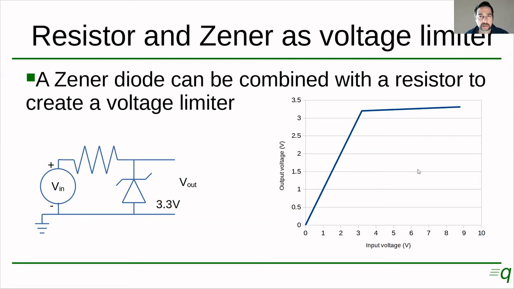So this circuit is limiting the input voltage, because the output voltage doesn't go above 3.4 when the input goes up to 9. But it is regulating actually, right? This is acting as a regulator because within this range, the output voltage is held almost constant with a very wide varying input voltage.